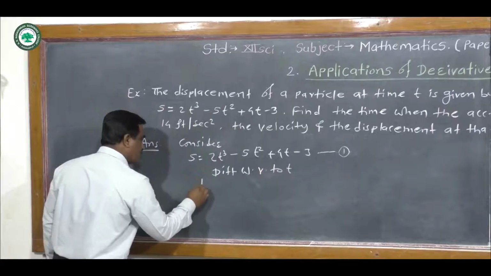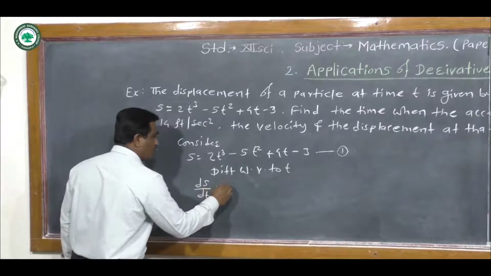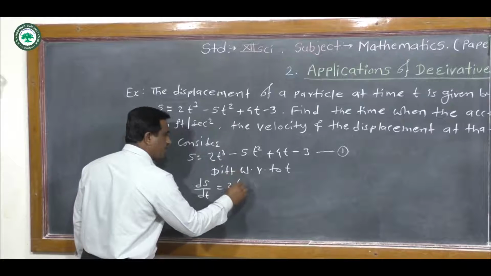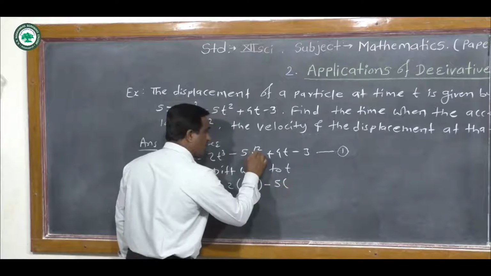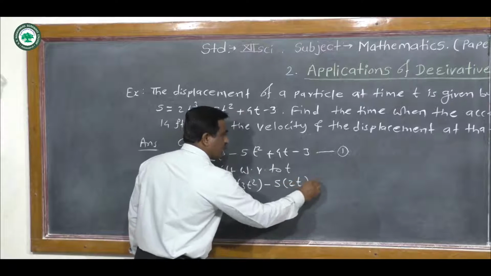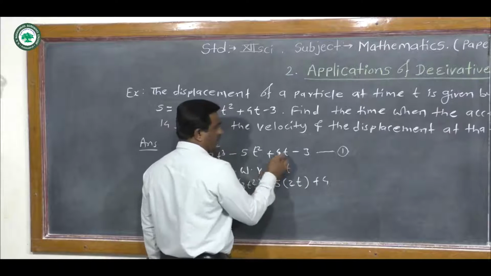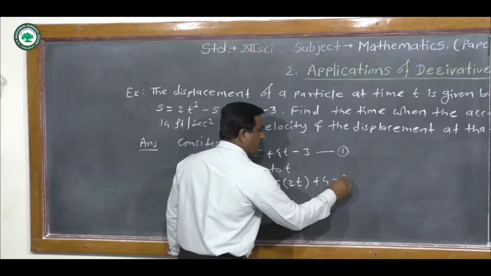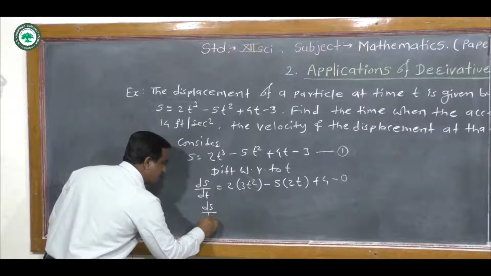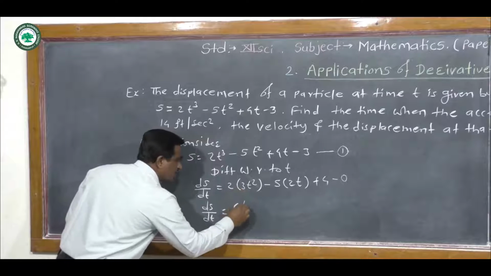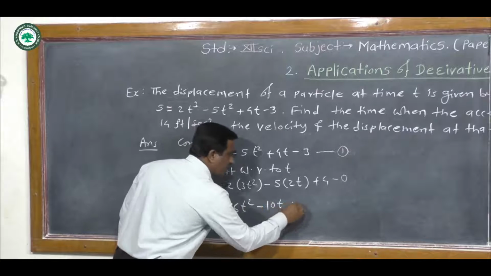Therefore the derivative of s, ds by dt, is equal to 2 into the derivative of t cube, 3t square, minus 5 into the derivative of t square, which is 2t, plus the derivative of 4t, which is 4, the derivative of t is 1, minus the derivative of 3, which is 0. That is, we get ds by dt is equal to 6t square minus 10t plus 4.